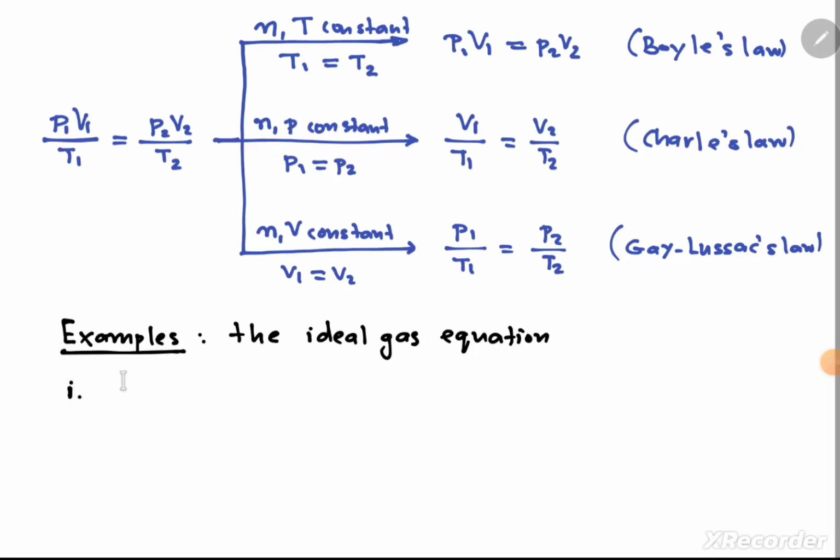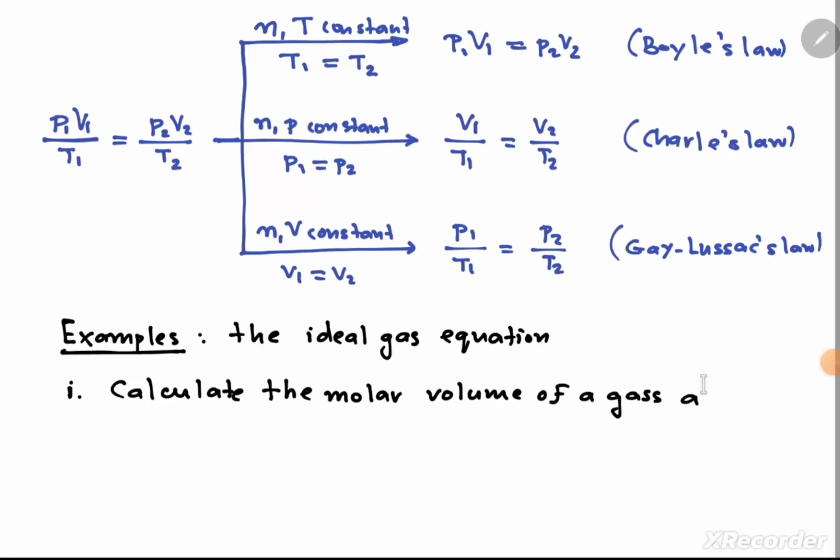First example: calculate the molar volume of a gas at 27 degrees Celsius and pressure 200 kilopascal. Let's see the solution.